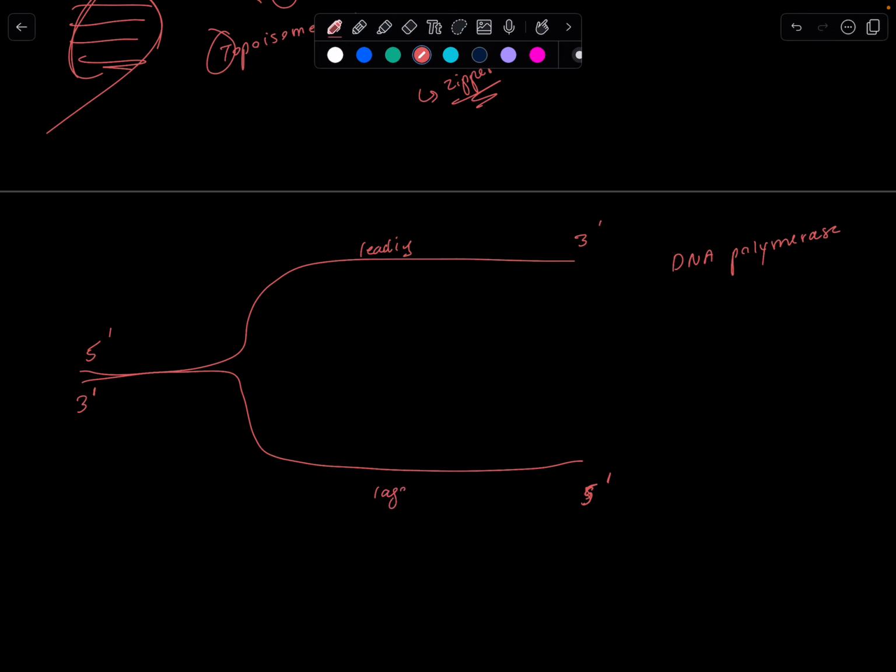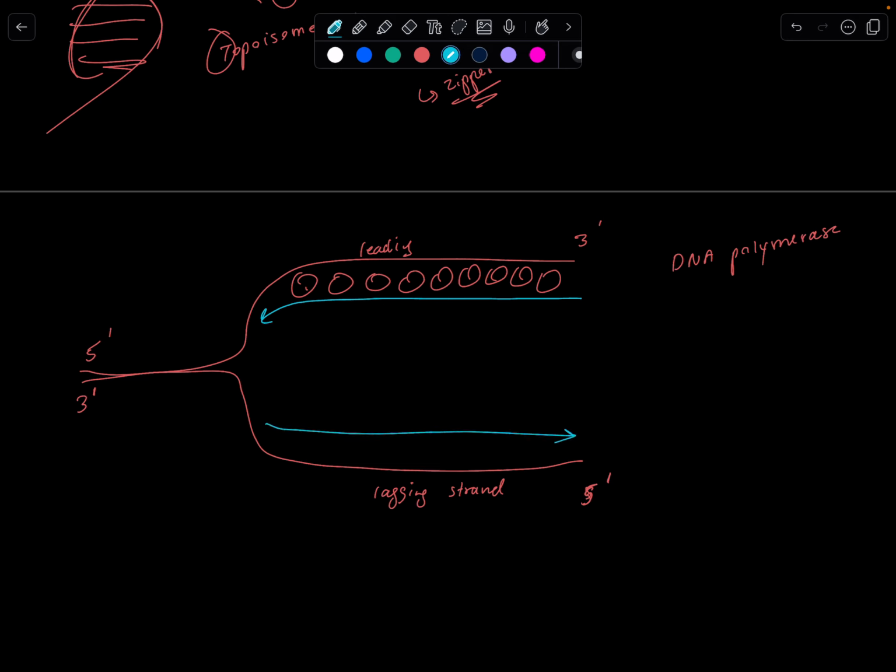This is going to be the lagging strand, and we have our base pairs. When we start to build a new strand, it is going to go in this direction for the leading strand and in this direction for the lagging strand. Now you might be wondering, I drew the arrow from 3' to 5', so how is that following the 5' to 3' rule?